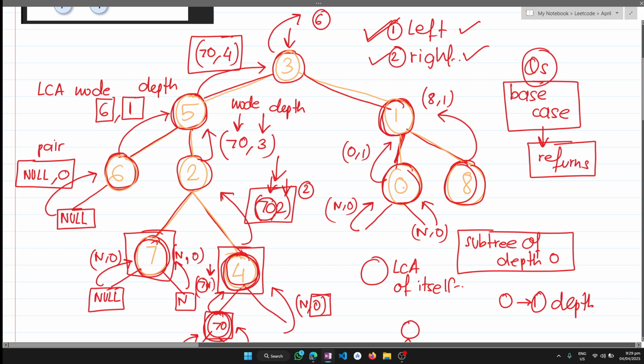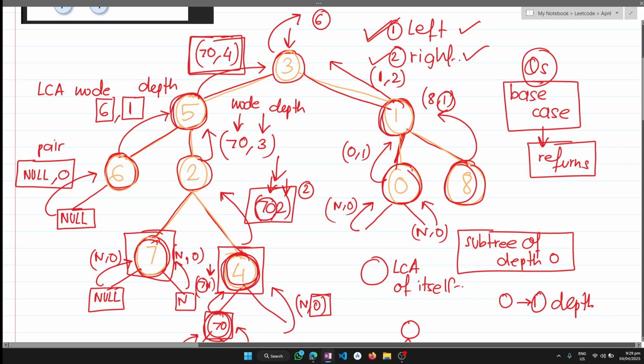Neither 0 is the LCA of itself, nor 8 is the LCA of itself, but 1 is the LCA of both of them. So I will return 1 from here. Okay, with the depth what? With the depth of 1 plus 1, 2. So node is 1 and depth is 2. So you see, I am receiving 70 comma 4 from the left subtree, the overall left subtree.